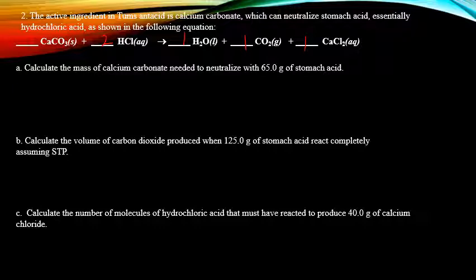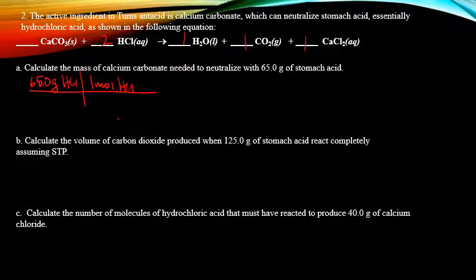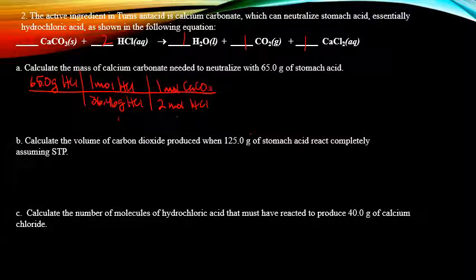So I'm going to begin by taking 65.0 grams of the HCl. Using your periodic table, 1 mole of the HCl is 36.46 grams. And from there, we now can get out of moles of the HCl and into moles of the calcium carbonate by using the molar ratio. So I have a 2 for the coefficient for the HCl, so I have 2 moles of HCl, and I have 1 mole of the calcium carbonate.